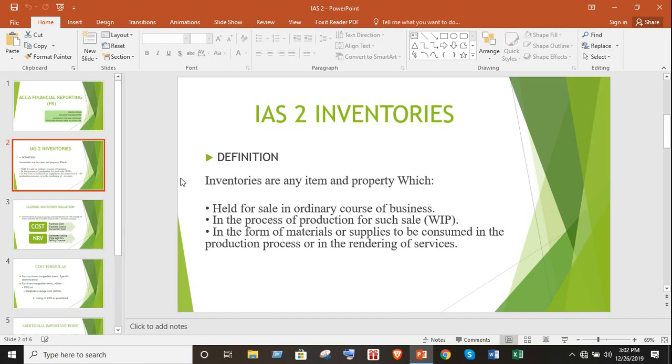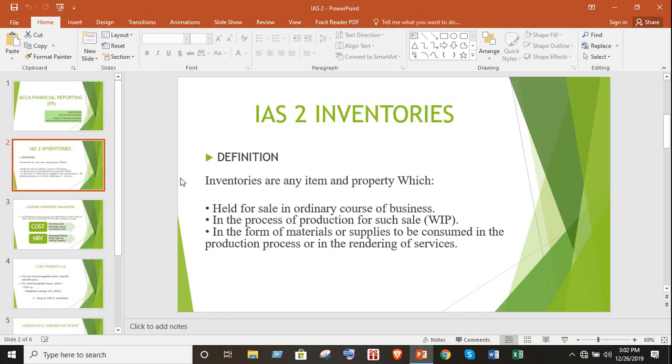So guys, always remember, when you calculate the cost of sales, the formula is opening inventory plus the cost of purchases less closing inventory, because closing inventory is not an item that you have sold to your customers, so you cannot charge it in your profit and loss.